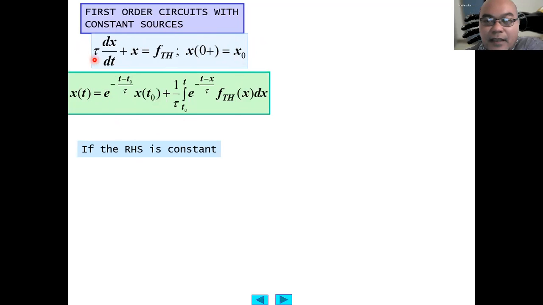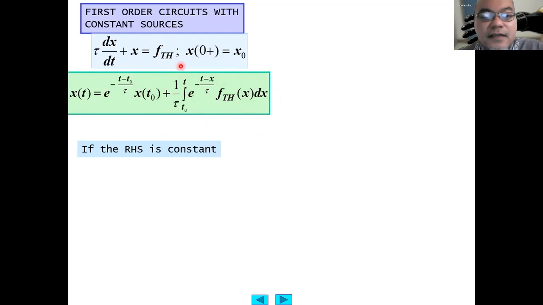If we have expressed the equation for that first order circuit in this form, then the solution will be in this form: x(t) equals exponent minus (t minus t0) over tau times x(t0), plus 1 over tau integral from t0 until t of exponent minus (t minus x) over tau times f(x), the forcing function, dx.